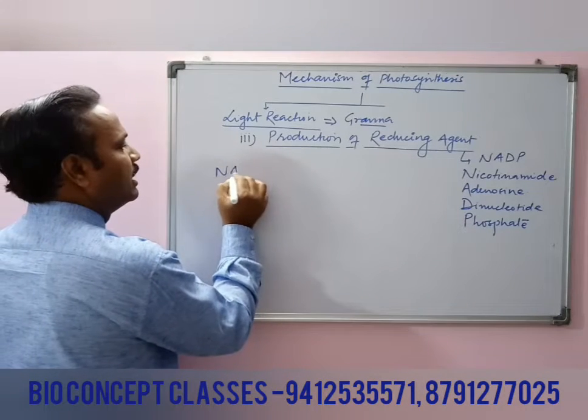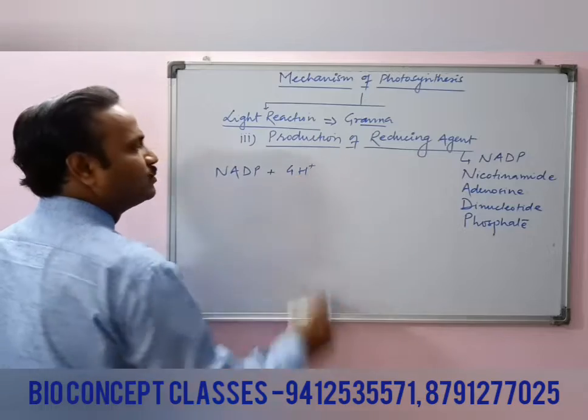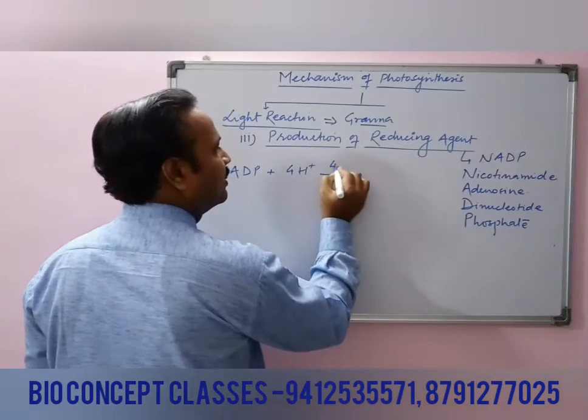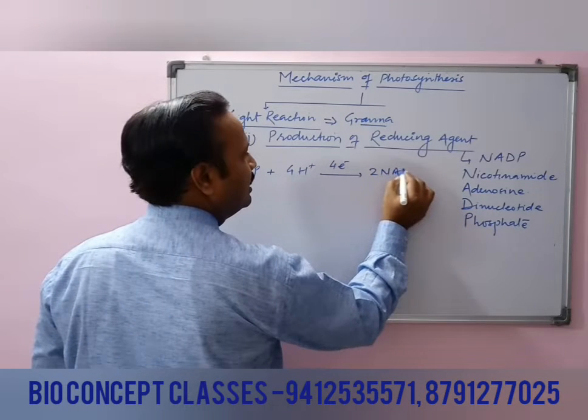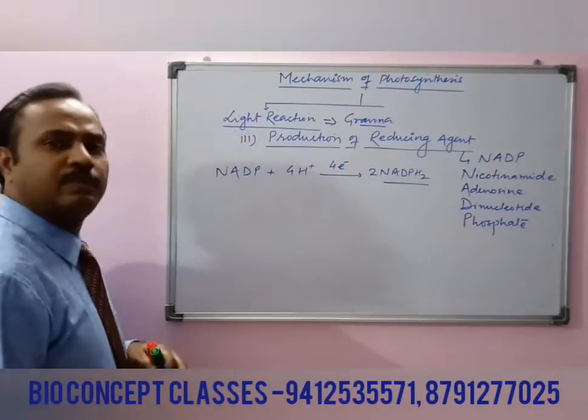Now this NADP reacts with H positive, here we use 4 electrons, that will produce 2NADPH2. This is the reducing power.